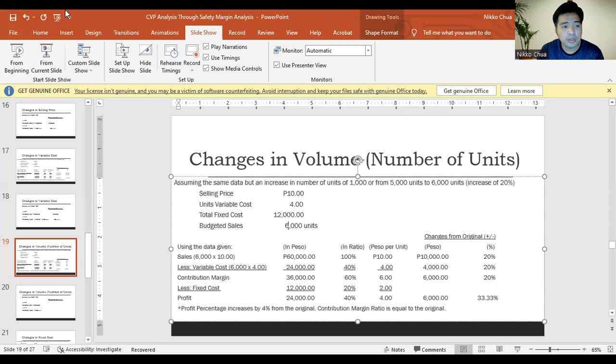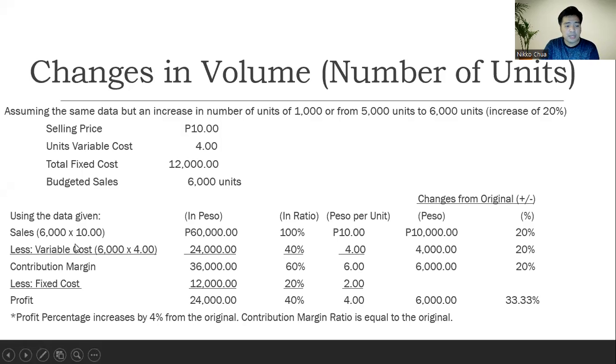Then ito total natin, 6,000 times 10, 60,000 ang sales. Then variable cost natin 4 peso times 6,000, 24,000. Pag i-subtract natin siya, we will have this 36,000. Then fixed cost, that is 12,000 pa rin. 36 minus 12, that is 24,000.